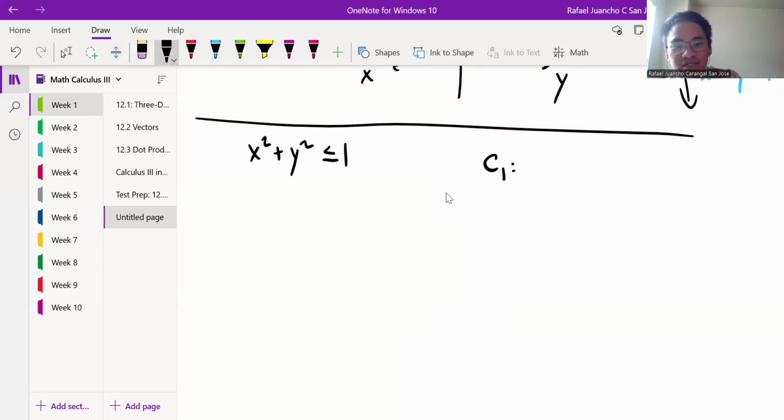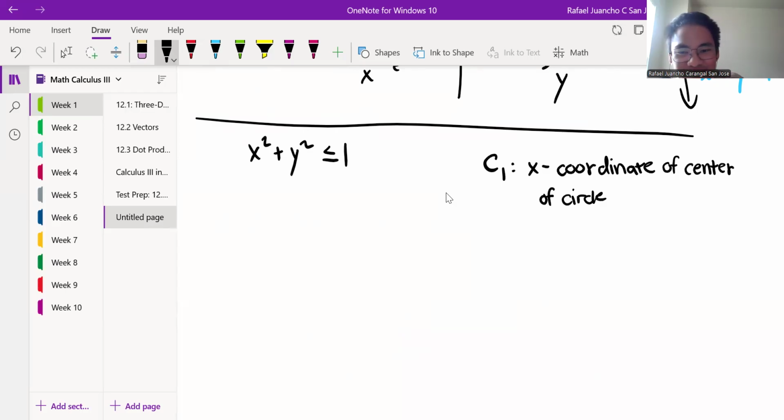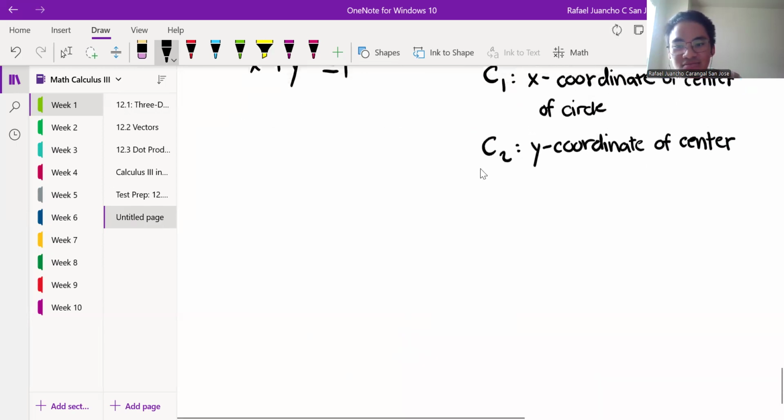C1 is basically the x coordinate of the center of the circle, or honestly any shape with a curve. And C2 is the y coordinate of the center, right? This is just from a little pre-calc course.